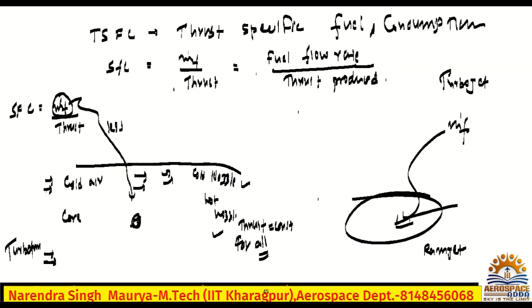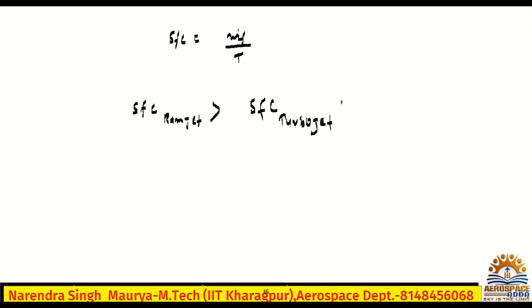Okay. So now if I write the SFC, it is m dot f divided by thrust, and thrust is constant. So for SFC, maximum you will have ramjet, then you will have turbojet, and then you will have turbofan.